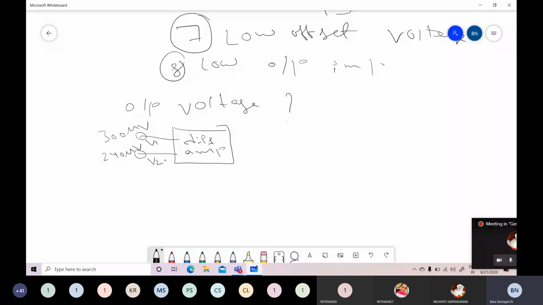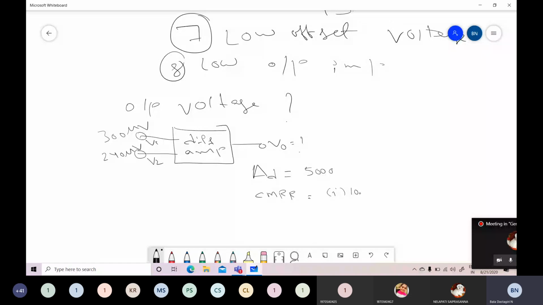And we need the output. They have also given the differential gain, AD, which is 5000, and the CMRR values: the first value is 100 and the second value is 10 to the power of 5.